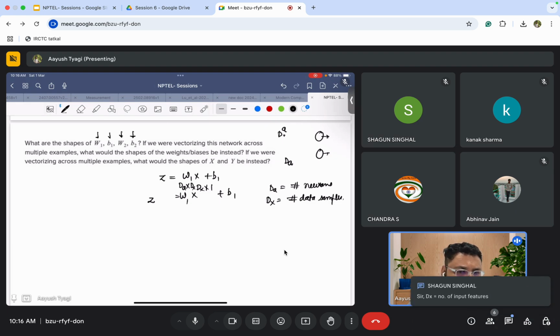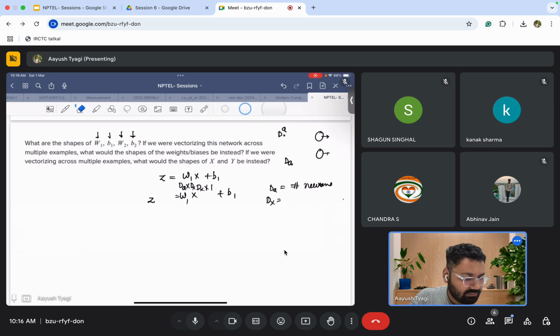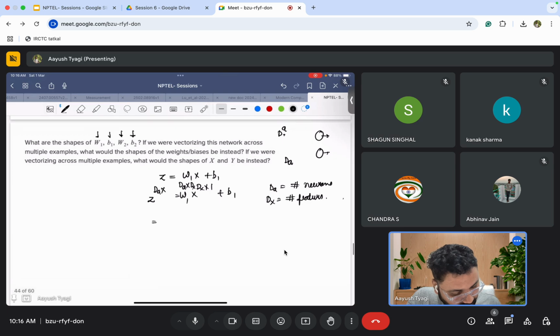dX is the number of features, yes. I meant that only, the number of features. Makes sense, right? Because when you multiply, you get Z as dA comma 1.